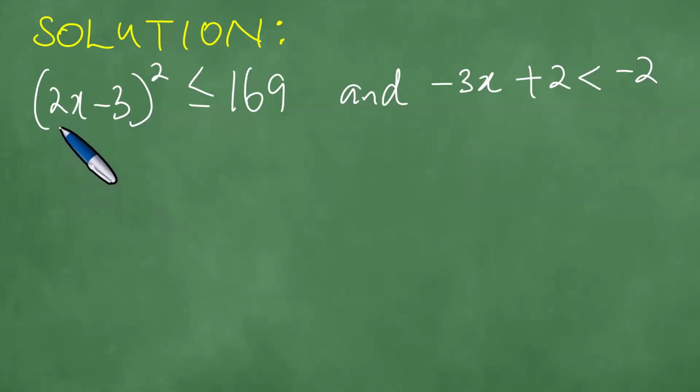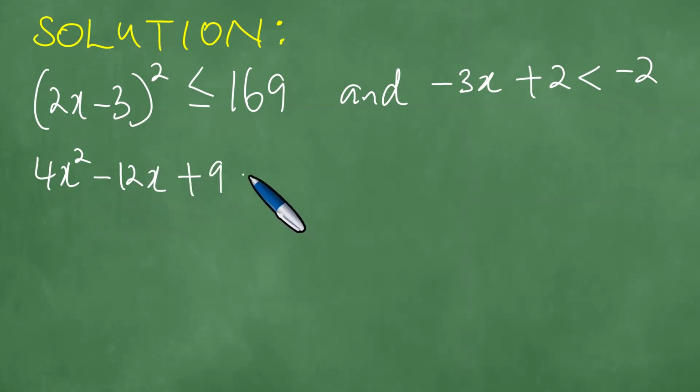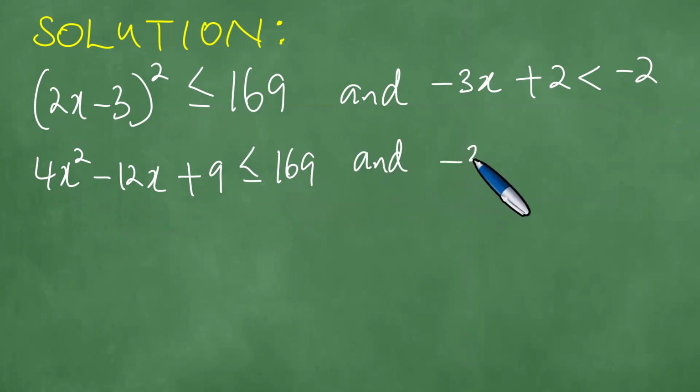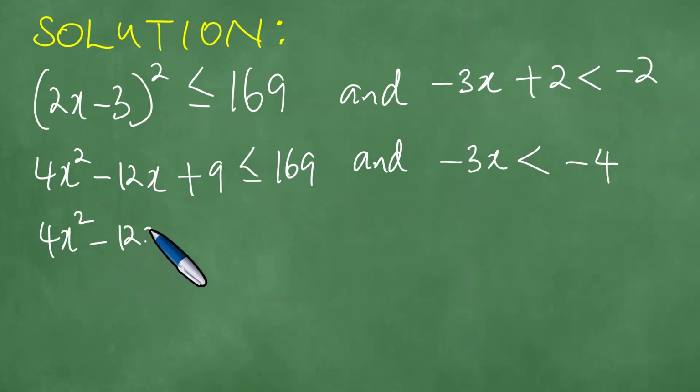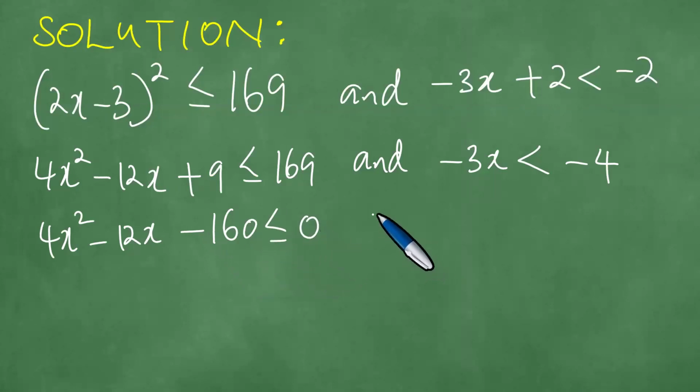If we square this now, we get 4x squared minus 12x plus 9 is less or equal to 169, and minus 3x is less than minus 4. And we have 4x squared minus 12x minus 160 is less or equal to 0.